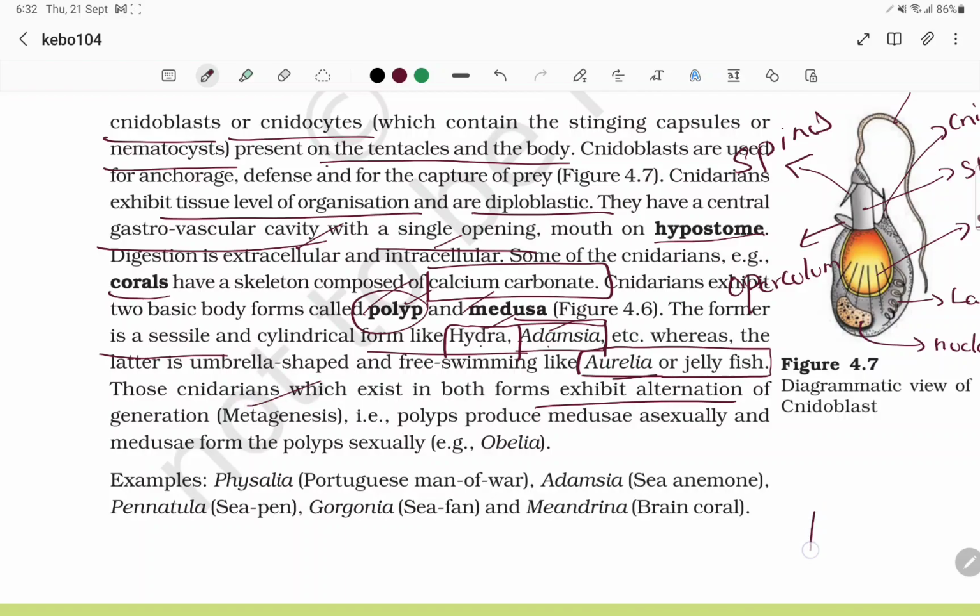For example, this polyp will produce the medusa asexually, and the medusae will unite sexually to form the polyp again. To form the medusa, asexual reproduction is enough, but to form the polyp, sexual reproduction is needed. The organism which exhibits this is Obelia.